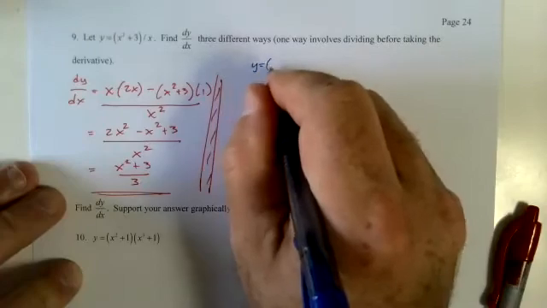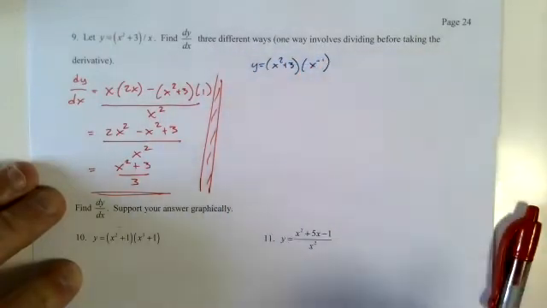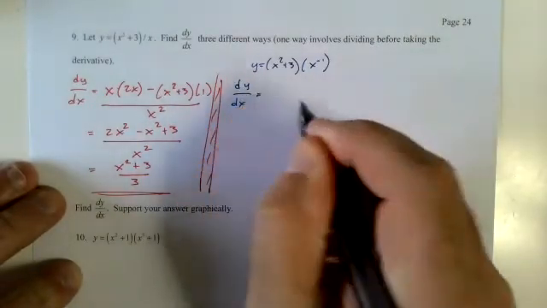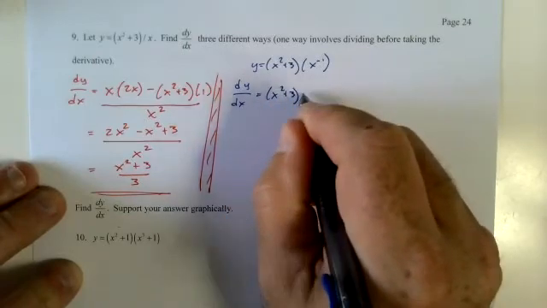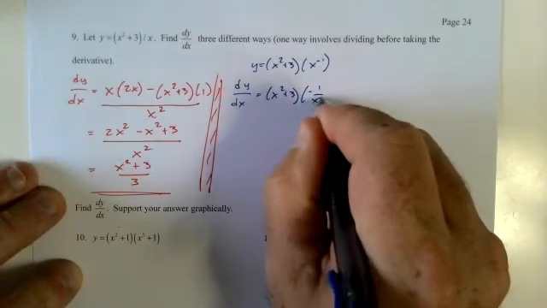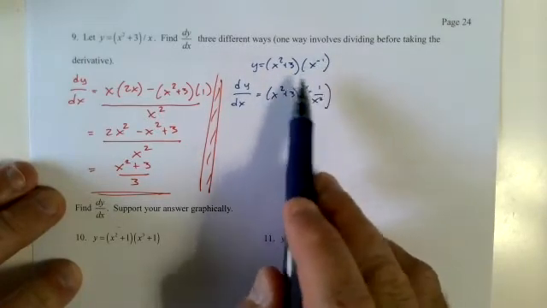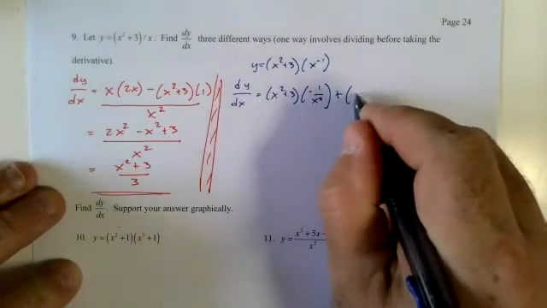y equals x squared plus 3, x to the negative first, dy/dx equals, leave it, derivative negative 1 over x squared. This is where I lose people. So negative 1, x to the negative second, I just slapped at the bottom. I move a little bit quicker on those problems.